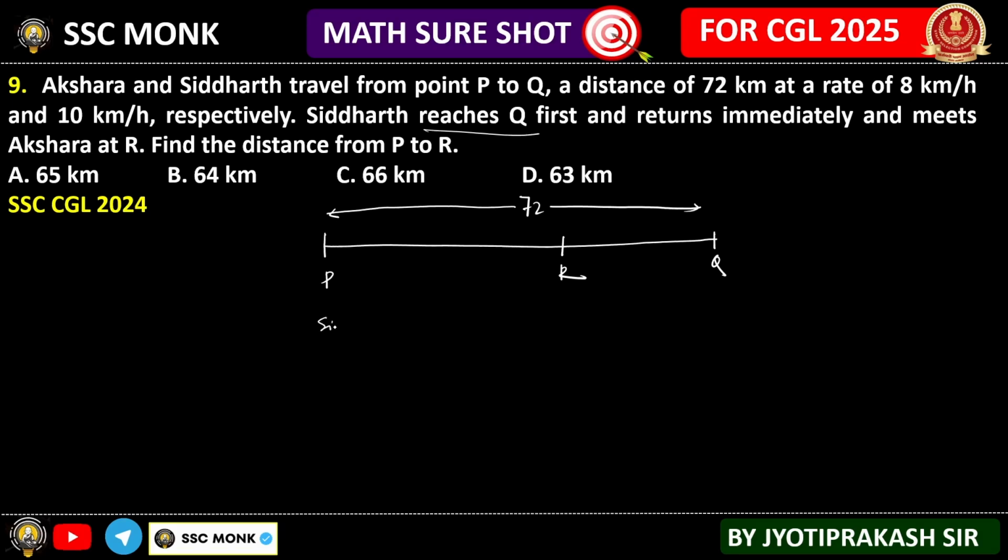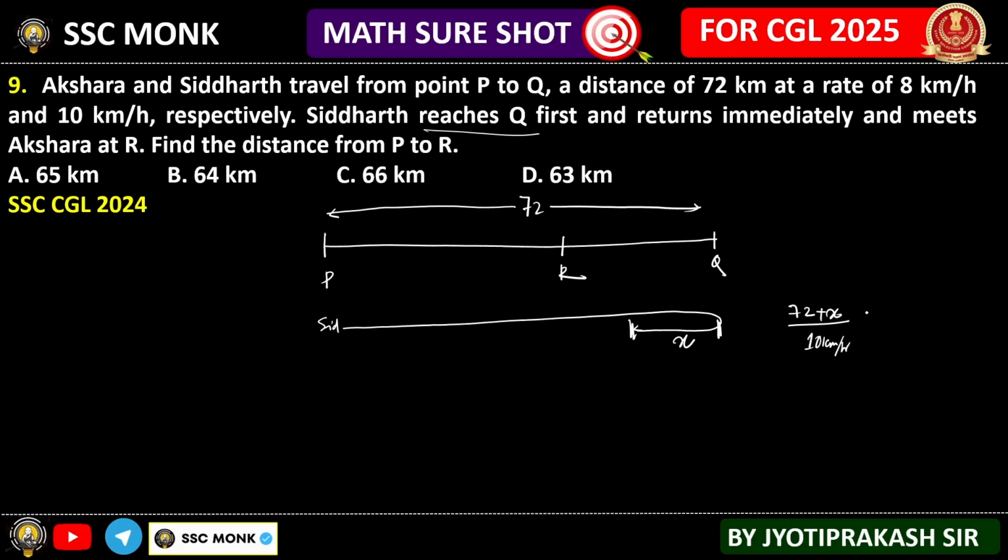So Siddharth started, reached Q and returned at the speed of 10 km per hour. Yes or no? Yes. So let's say Siddharth traveled 72 plus this distance, that is equal to x kilometer, at the speed of 10 km per hour.